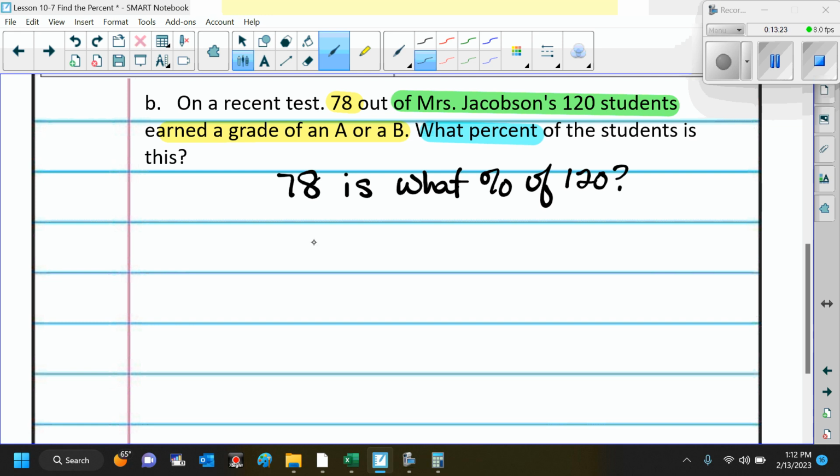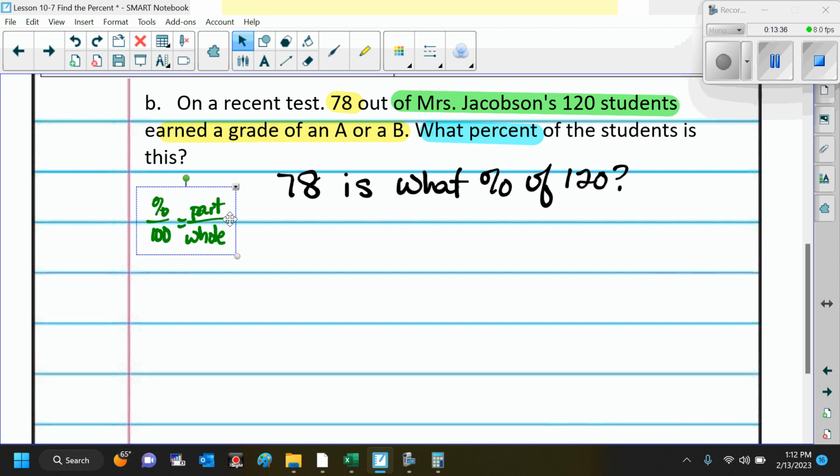Okay, so we can write that what number question. So now we can set up our proportion. Again, we're going to use our formula: percent over 100 equals part over whole. So the percent, that's what we're looking for.